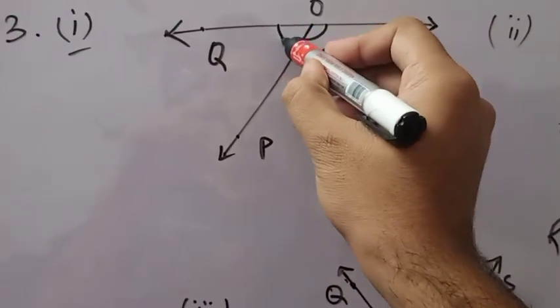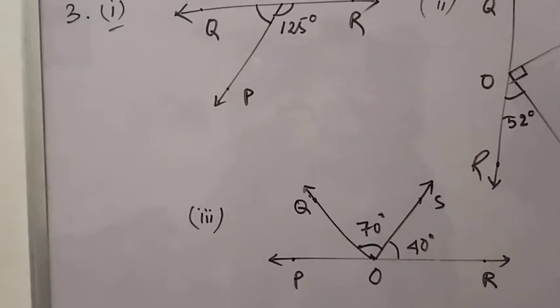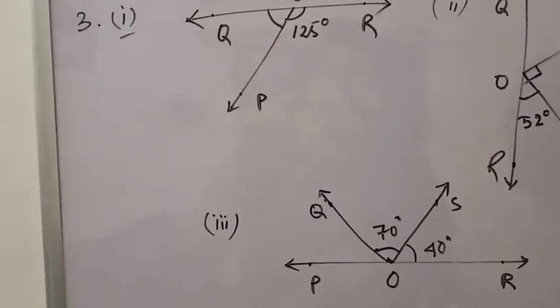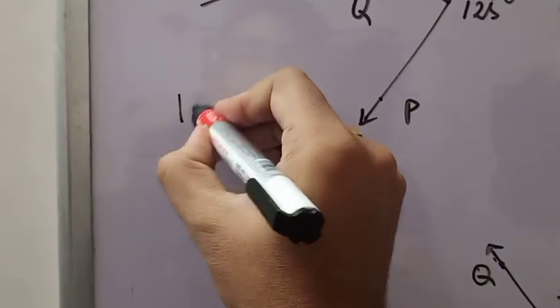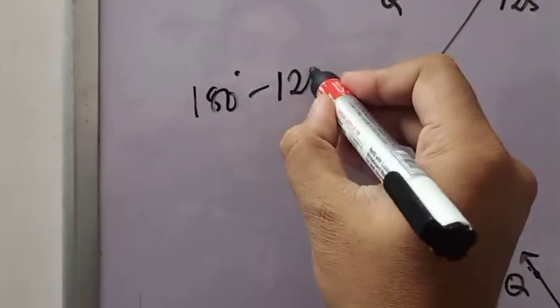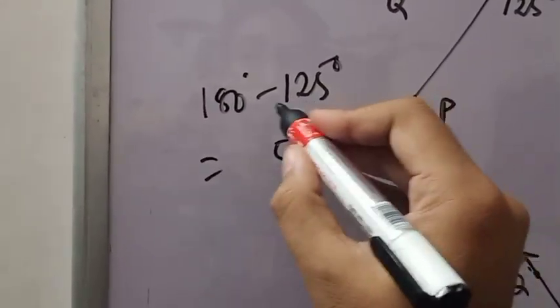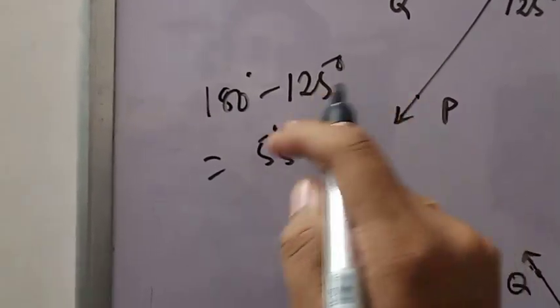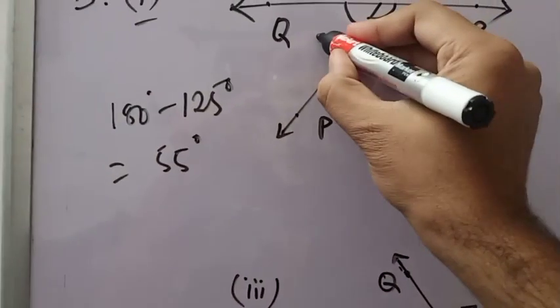So this two angles sum is 180. So if we subtract from 180, we get the other angle. So 180 minus 125, this is 55. So 55 degrees is the answer.